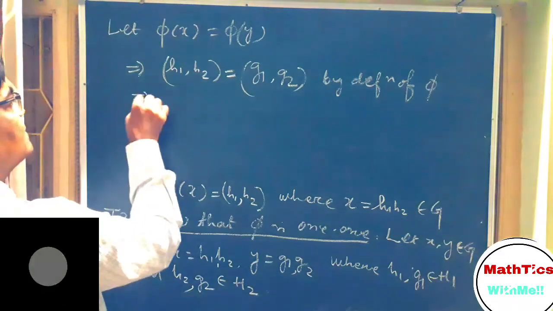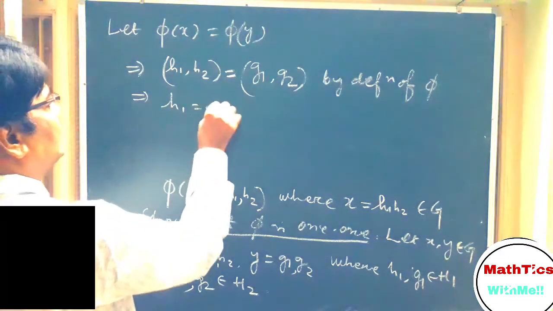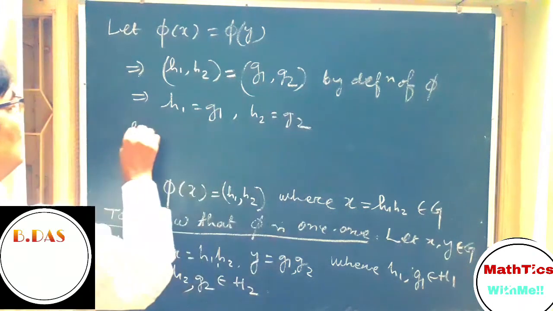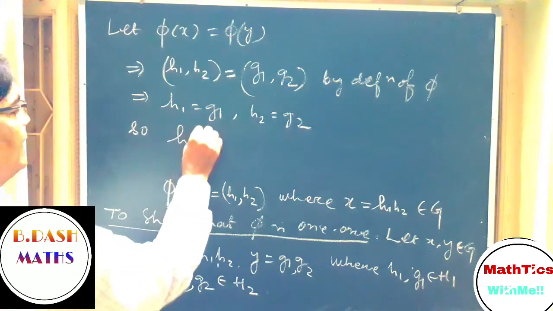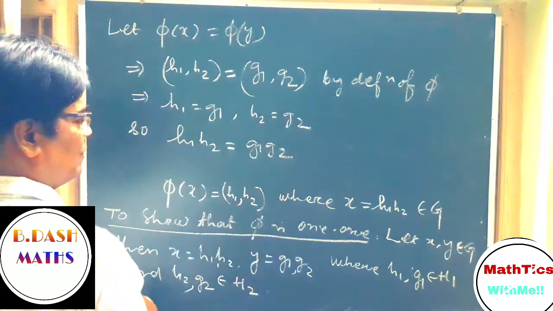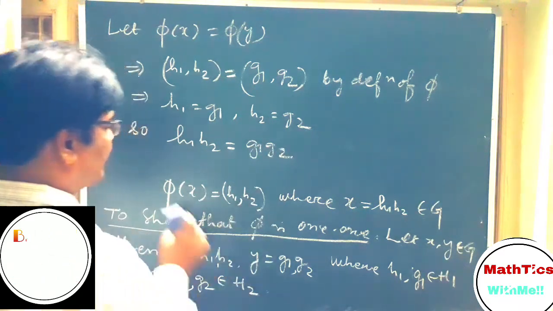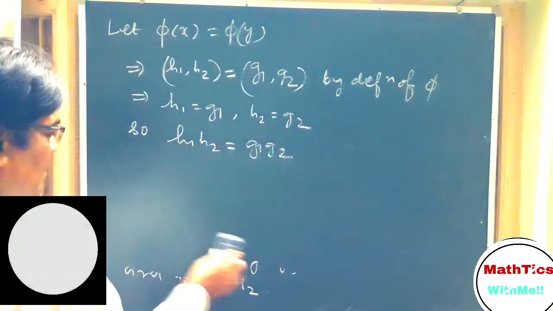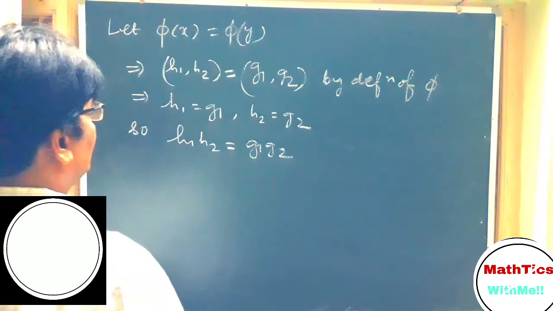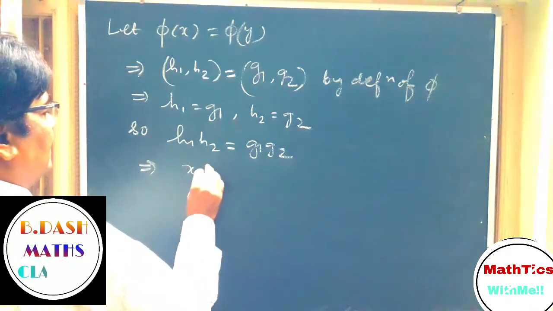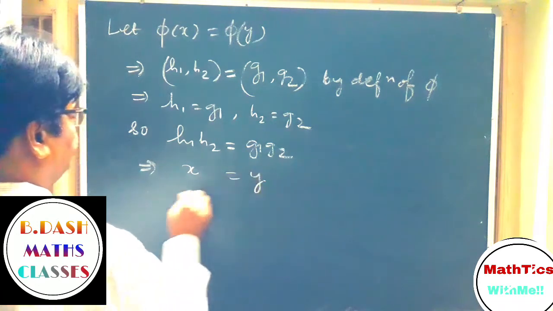So this implies h1 is equal to g1, h2 is equal to g2. So h1 h2 is equal to g1 g2, from which we get x is equal to y.